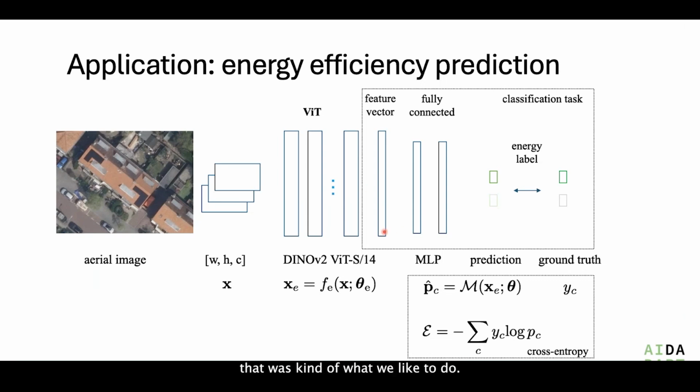But then the downstream task is a classification task where we have an additional MLP. And then we predict either the energy label or whether it's efficient or inefficient. So in this case, based on this aerial image, we want to know whether it's efficient or inefficient, or in some cases, we can even predict what the energy label would be.